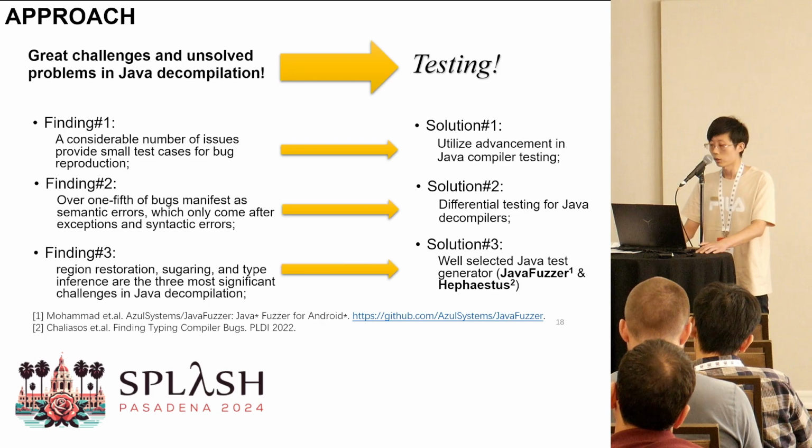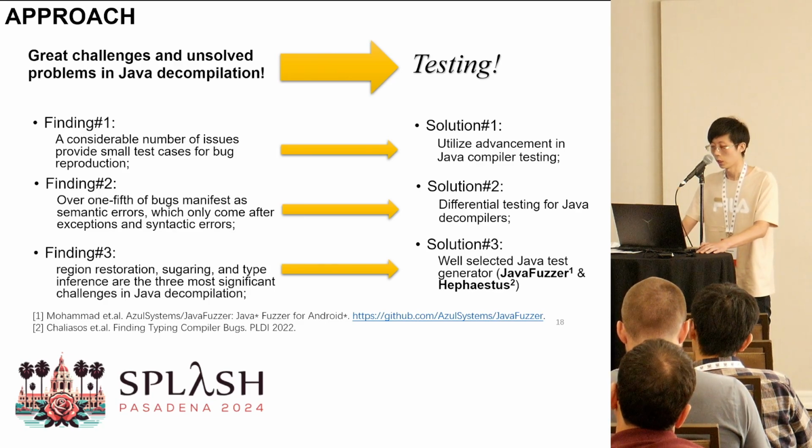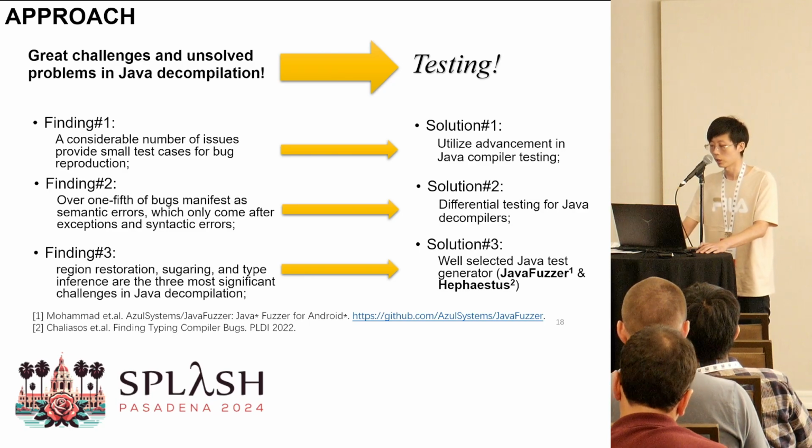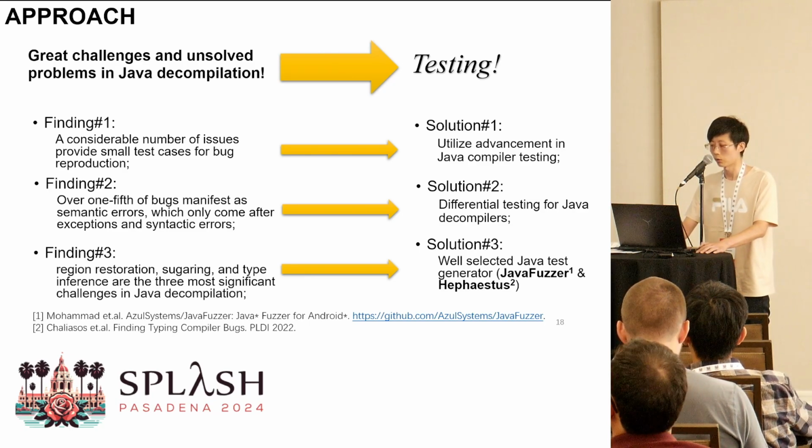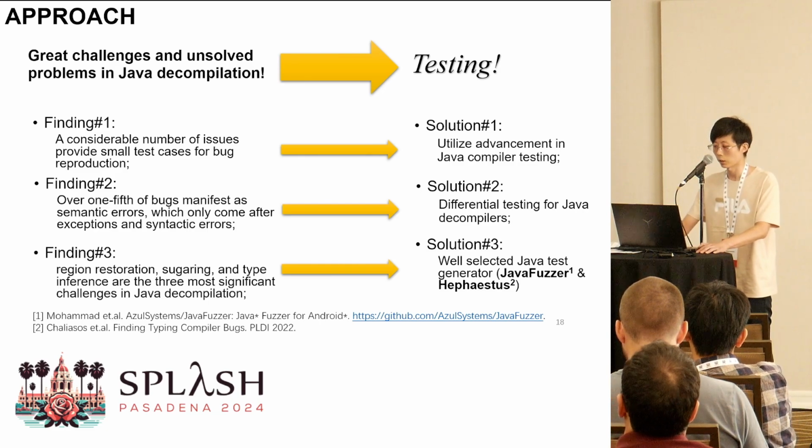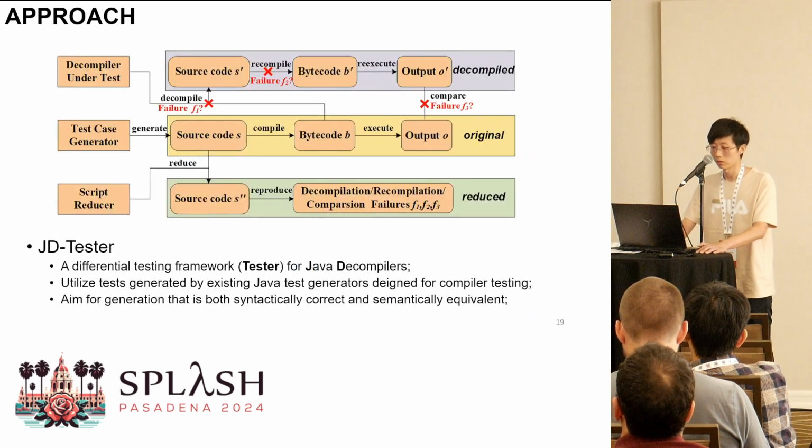They can generate various combinations of goto structures, lambda expressions, indistinguishable types, and generic types. We think with these two generators, we can help developers review the bugs related to the three cases summarized in our study. And that is our JD-Tester, a differential testing framework for Java decompilers.